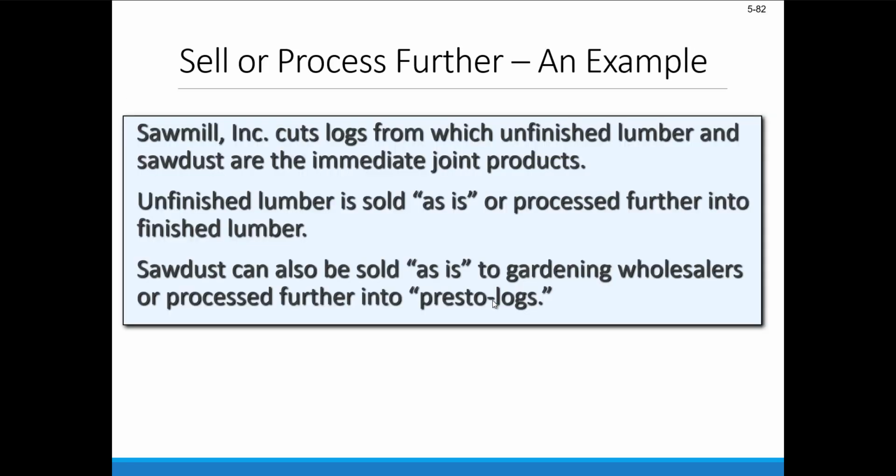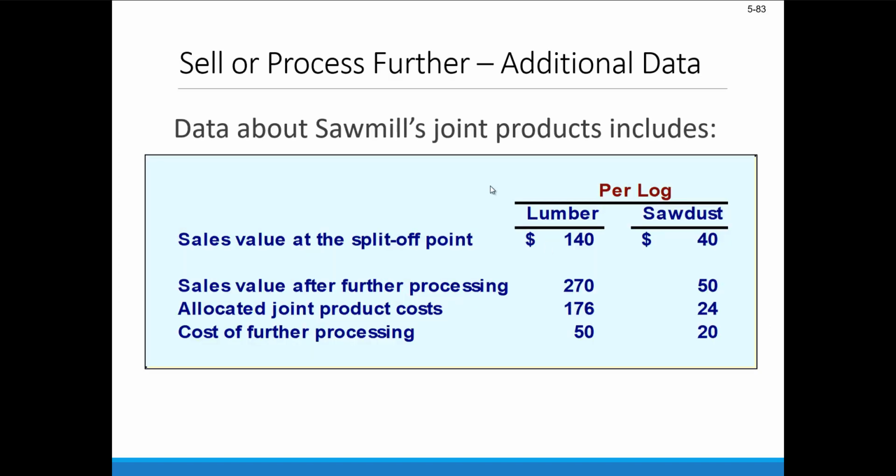Let's say Sawmill Inc. here cuts logs from which unfinished lumber and sawdust are the immediate joint products. The unfinished lumber is sold as is or processed further into finished lumber. The sawdust can be sold as is to gardening wholesalers or processed further into Presto logs, these fire starters. Let's assume the following data about Sawmill's joint products here. The lumber sales value at split off is $140 per log.